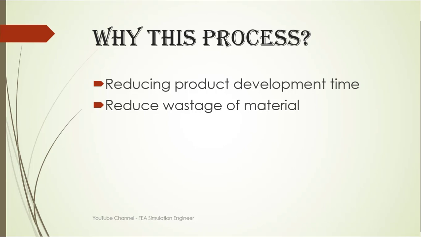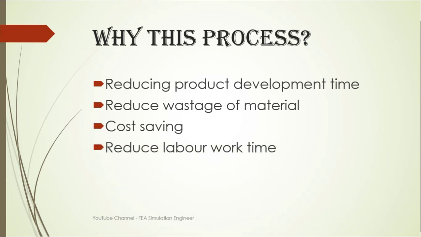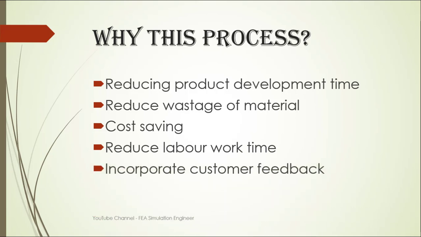It also saves cost, reduces labor work time, and incorporates customer feedback. Suppose a customer wants to add some feature to your design, then you can immediately incorporate that and design again.